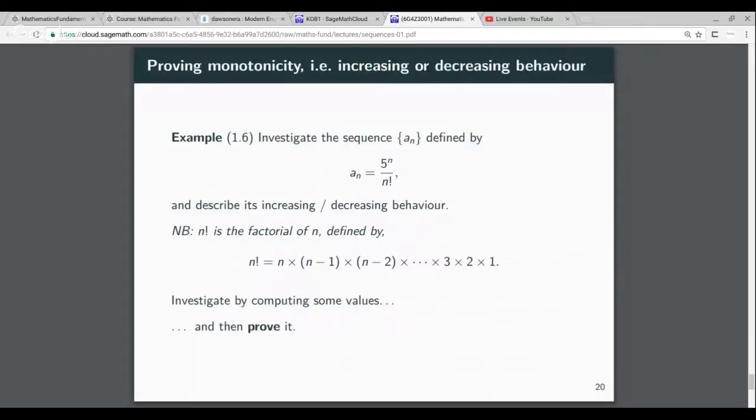We're working in general. So a_{n+1} is 5 to the n plus 1 divided by n plus 1 factorial. That's the term a_{n+1}. Then we're going to divide it by a_n. So that's the same as multiplying by the reciprocal, turning the fraction upside down. So n factorial over 5 to the n.